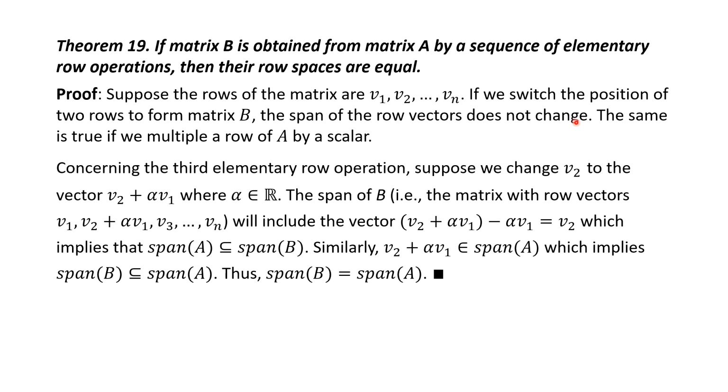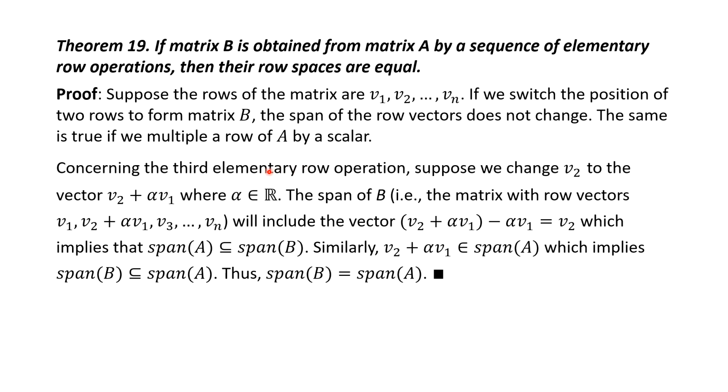And if you multiply one of the rows by a scalar, then again you have the same span, because whatever you can represent with these vectors, you can just take the one that's been multiplied by a scalar and multiply by the reciprocal and span the same space. So these 2 are kind of obvious.